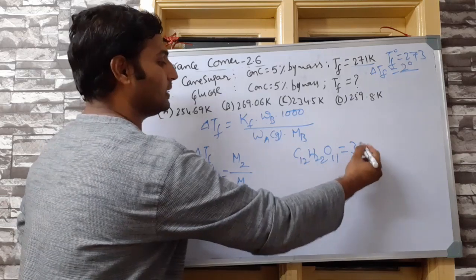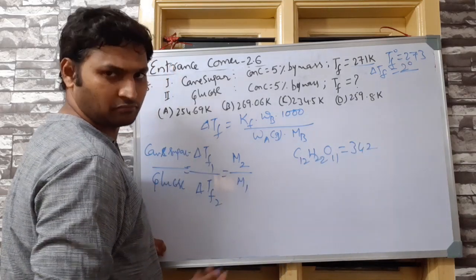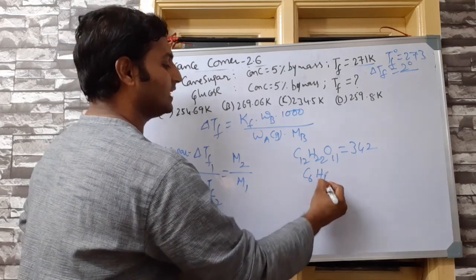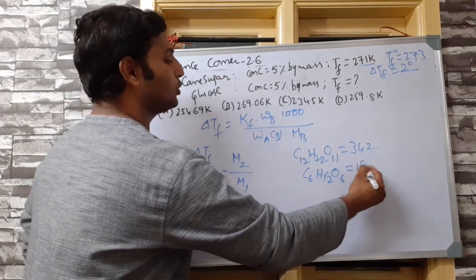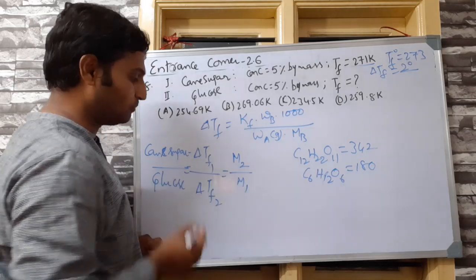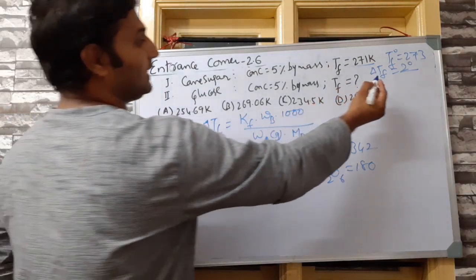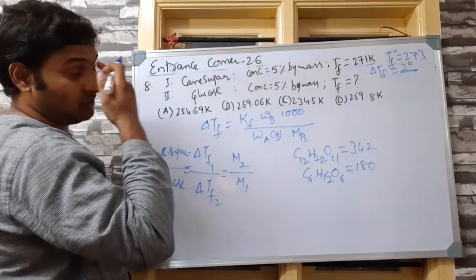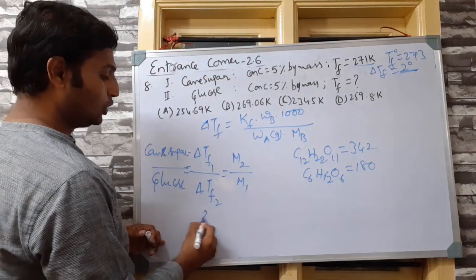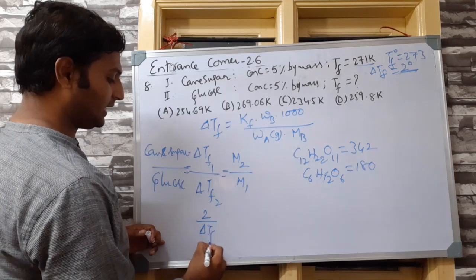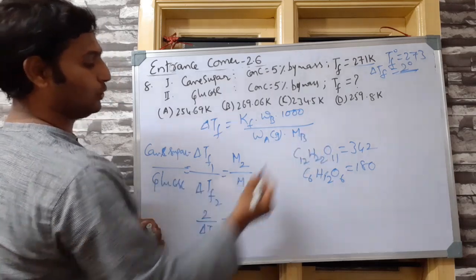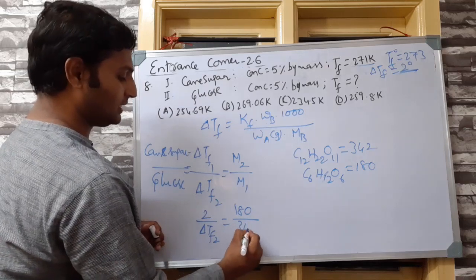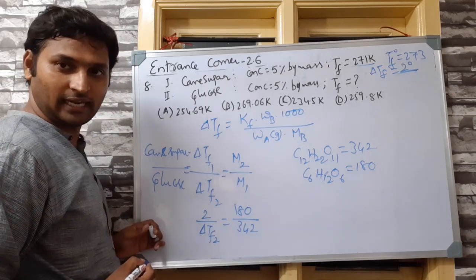Add all the atomic masses, you will get 342. Familiar value. And glucose we know very well, C6H12O6, and comes out to be 180. Another familiar value. Now he said delta TF1 is 2 degrees. For cane sugar, the depression in freezing point is by 2 degrees. So 2 divided by delta TF2 is equal to molar mass of glucose 180 divided by molar mass of sugar, that is 342.